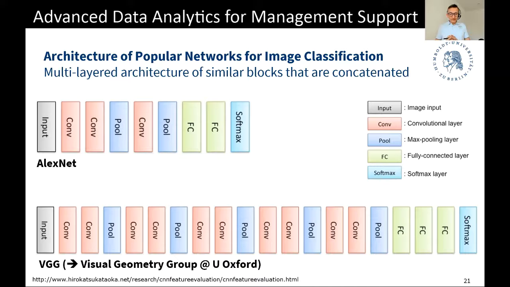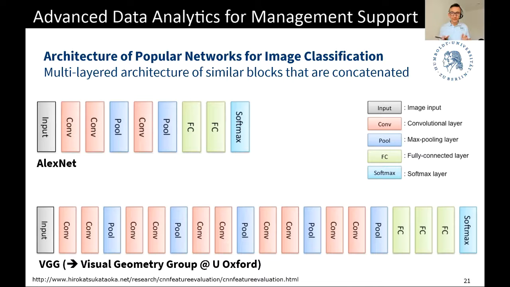Let's start with a review of some well-known convolutional neural networks for image classification, some well-known models like AlexNet or VGG, which was developed by a computer vision group at the University of Oxford. These are previous ImageNet winners.